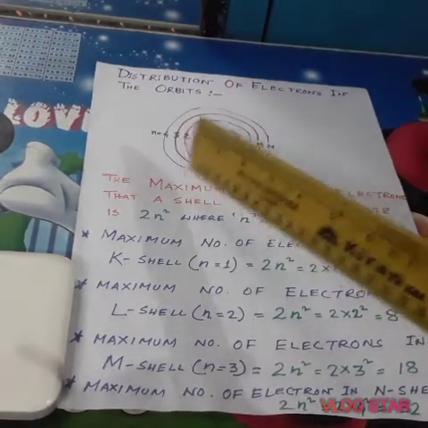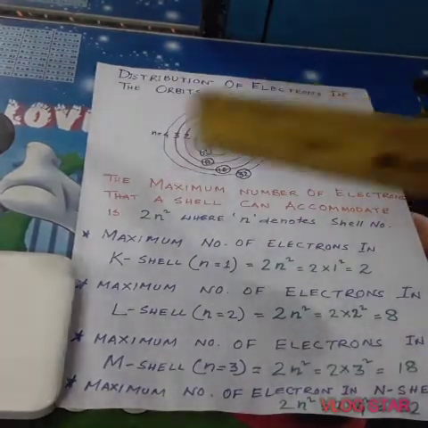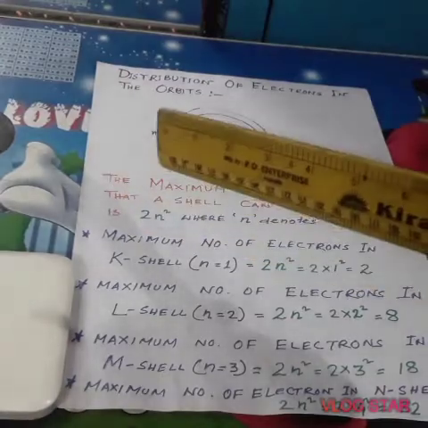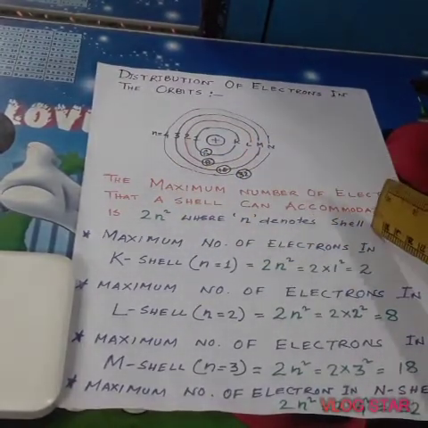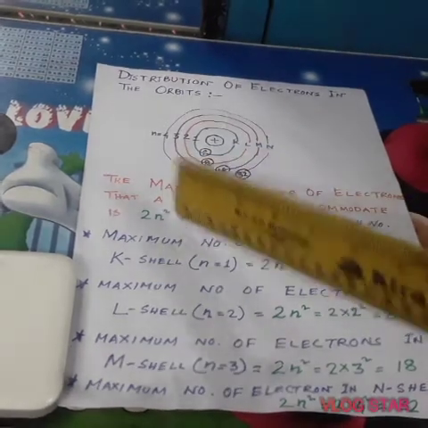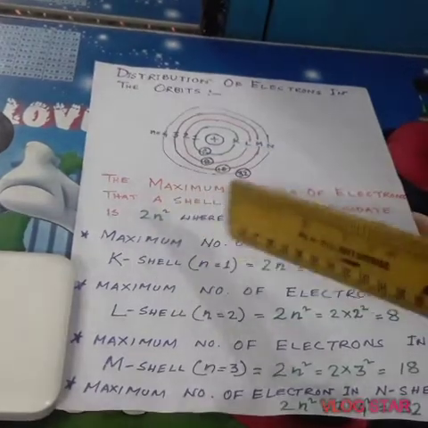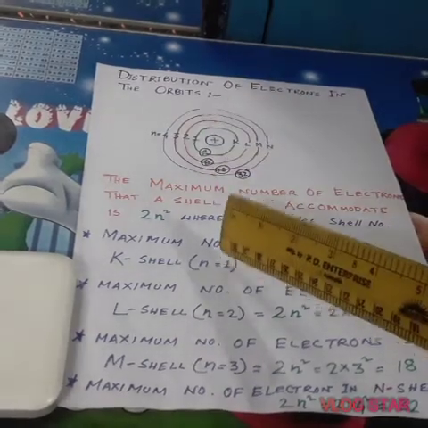The maximum number of electrons that a shell can accommodate is 2n square. n denotes the shell number. Maximum number of electrons in the K shell, that means the first orbit, n equals 1.